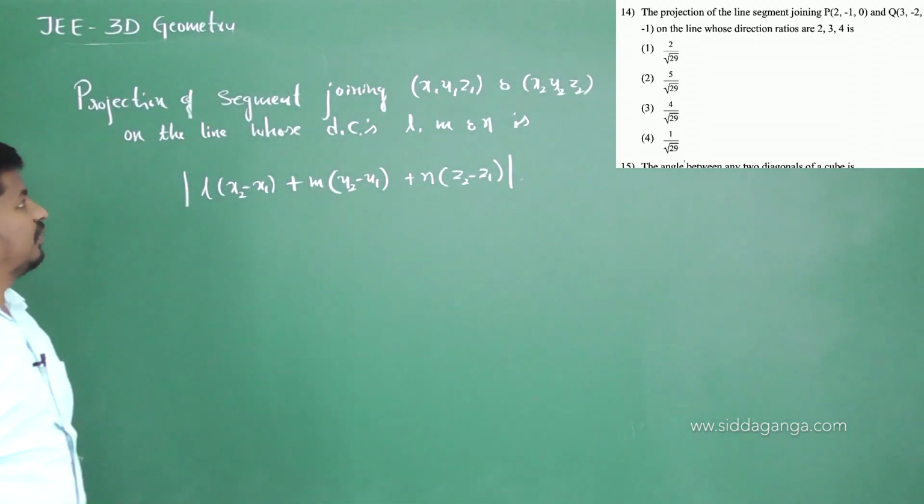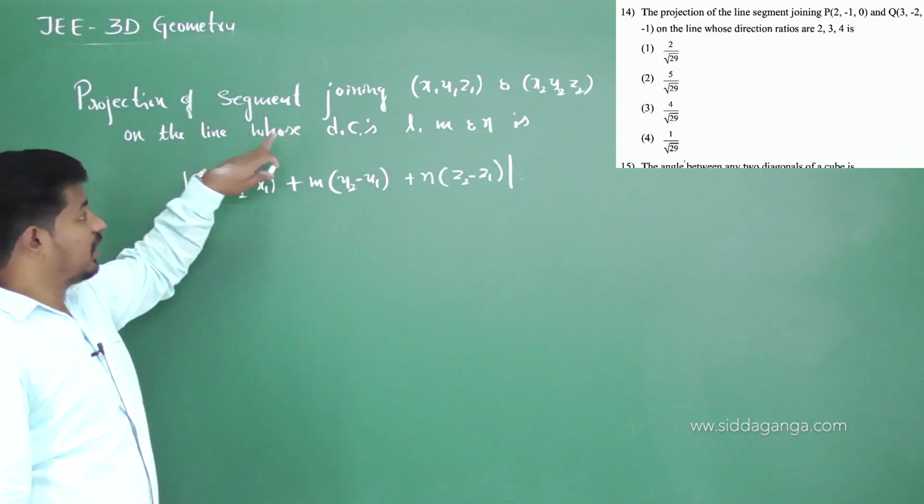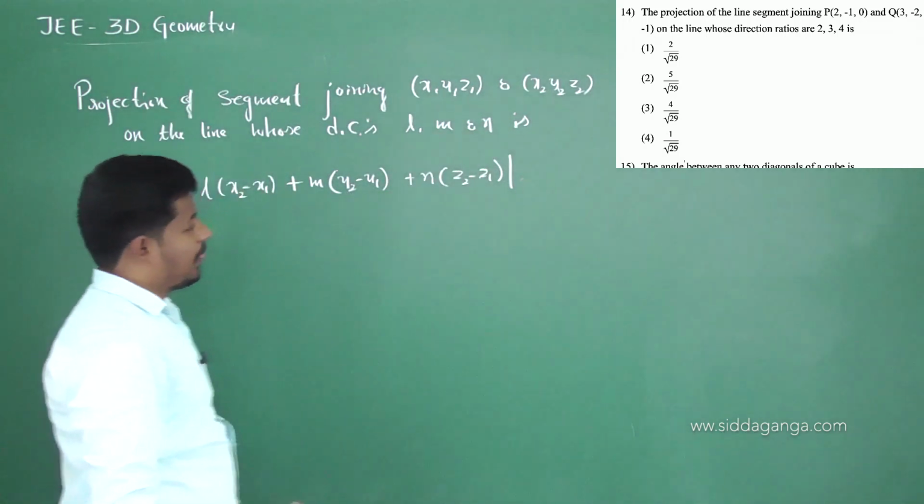This gives the projection of the line joining those two points on the line with the given cosines.